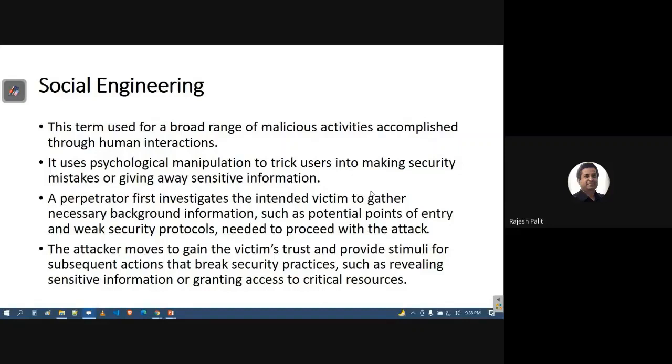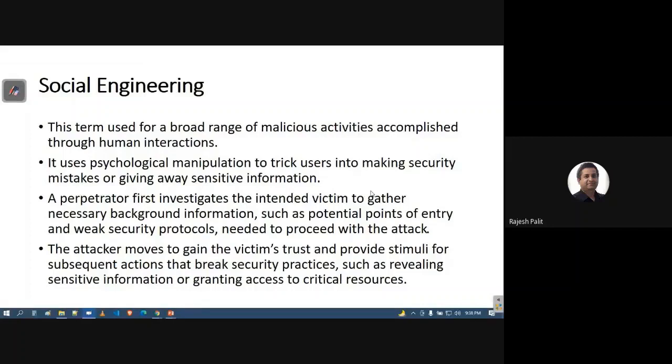That means human interaction will be there, and that is called social engineering. It uses psychological manipulation to trick users into making security mistakes and giving away sensitive information. He may act like a very close friend, talk to you for a couple of days, make friendship, and then take sensitive information from you.